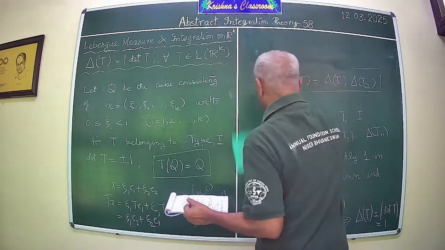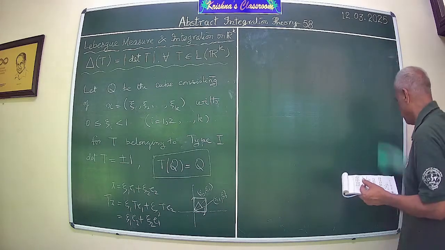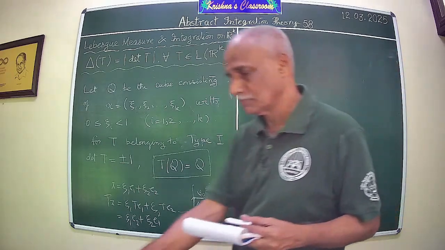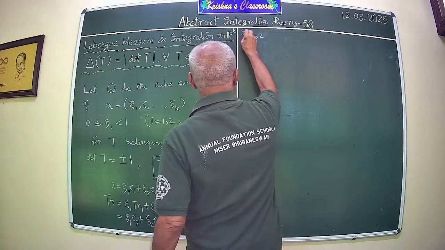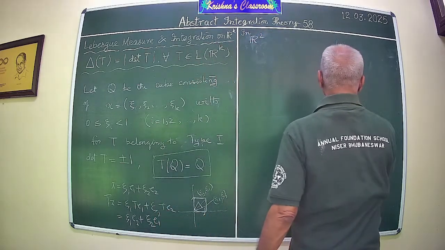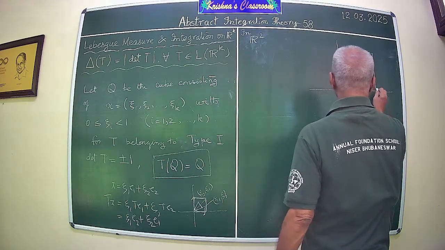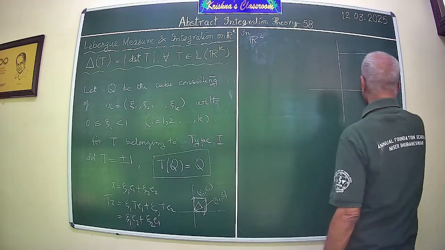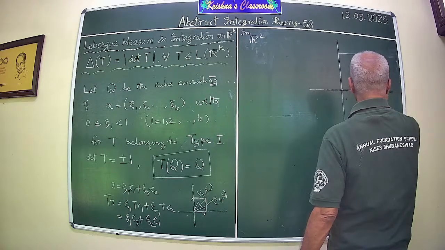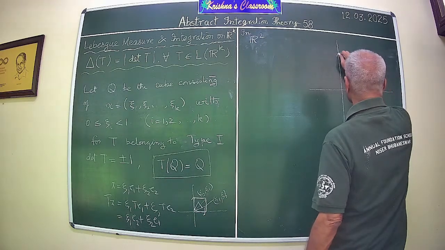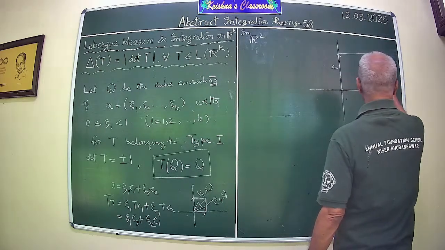So I draw a bigger picture to give a feeling. In the case of R2, you take a point whose coordinates are psi1, psi2. This is the vector E1, this is the vector E2.